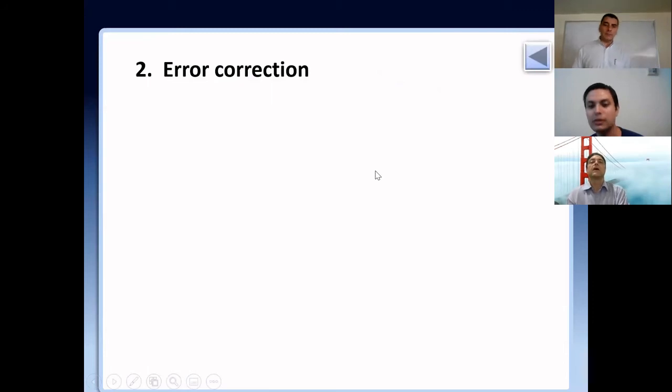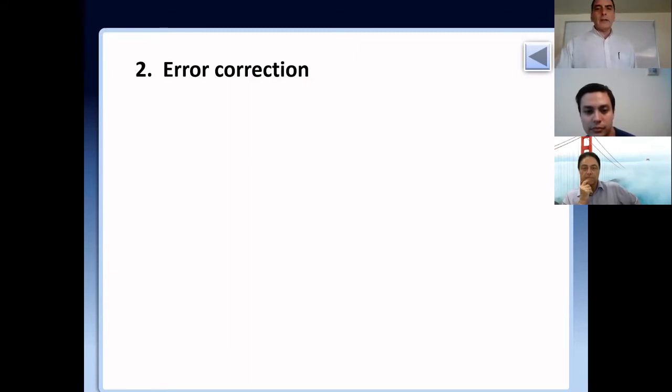Error correction, of course. This is a very popular type of question in, for example, proficiency tests, where given a sentence, the sentence contains some kind of grammatical error, and the students have to identify the offending word.